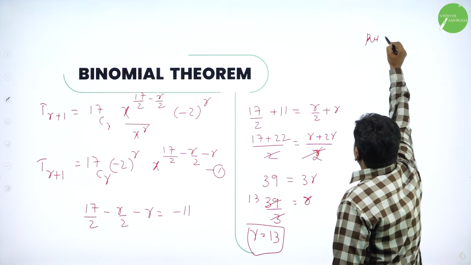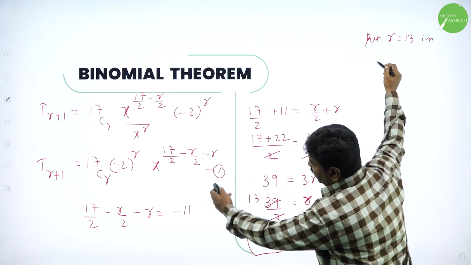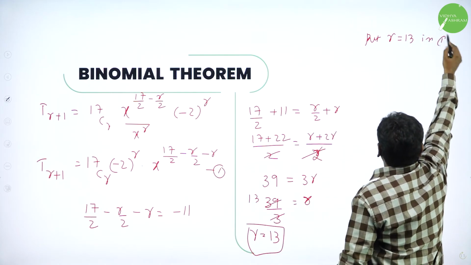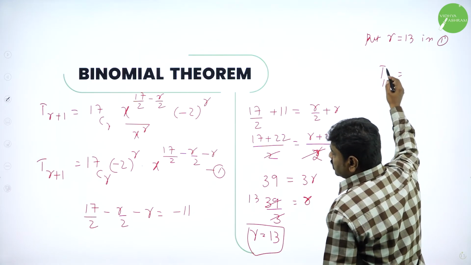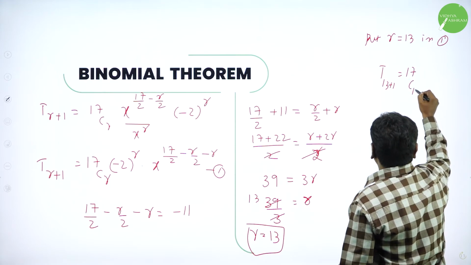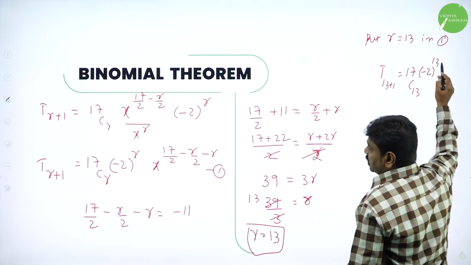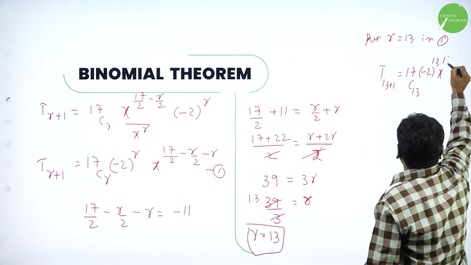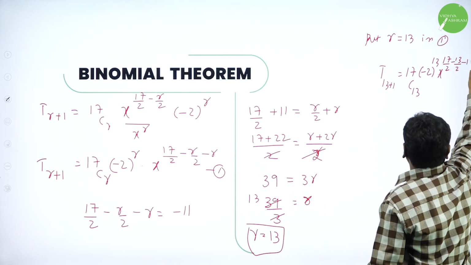Put the r value, put r is equal to 13 in equation 1 here. That is T(13+1) is equal to 17C13, minus 2 power 13, and x power 17 by 2 minus 13 by 2 minus 13.